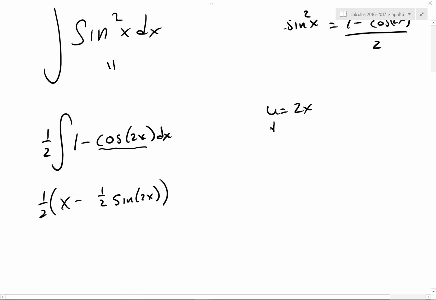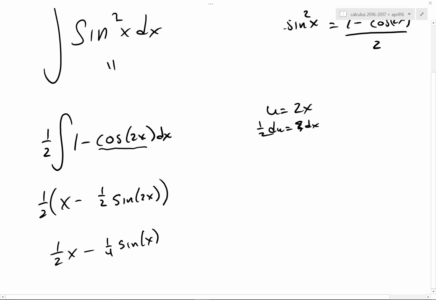Is that true? So then du is equal to 2 dx. So I have a half of a du, don't I? Yes? Okay, so what I end up having here is this minus, this should be a quarter now, yes? What about the pi? I'm not done yet. This is just the inside piece, but good job.